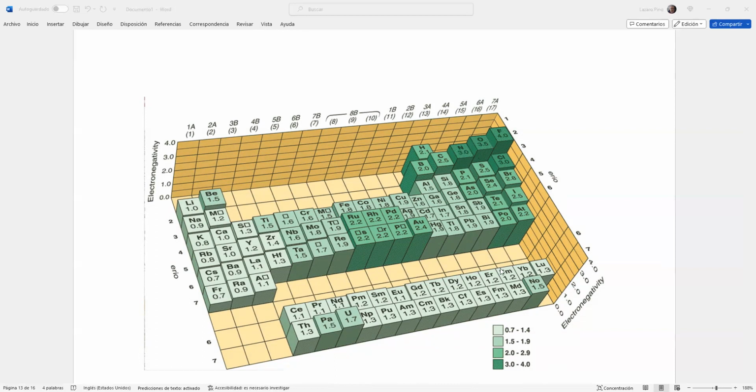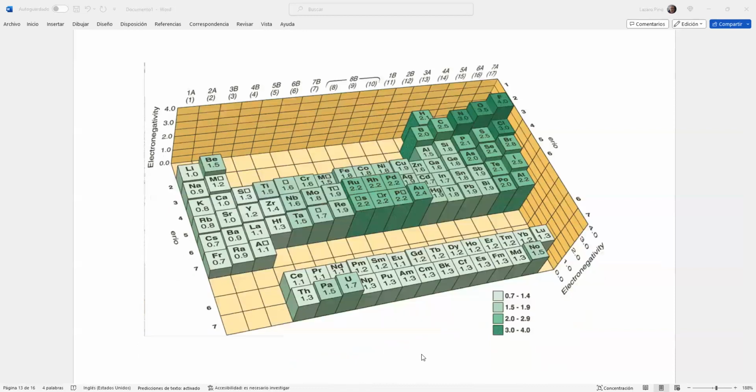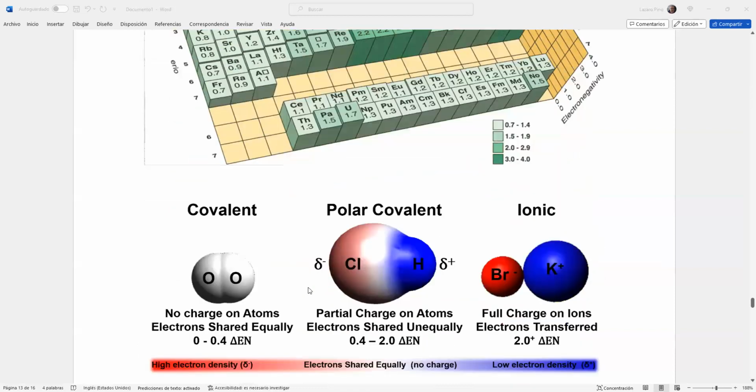According to the color, you can see the electronegativity groups of the different atoms. You can use this table to establish when the bonds between two atoms could be covalent, polar covalent, or ionic.